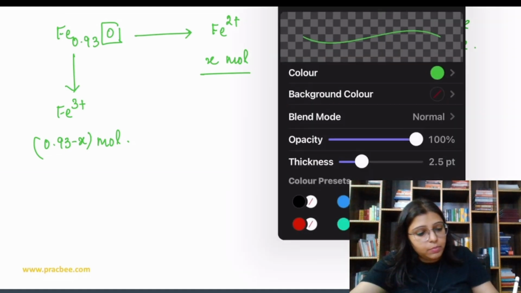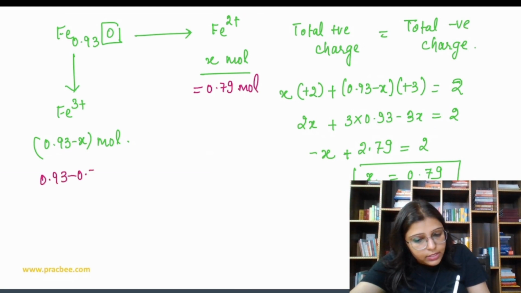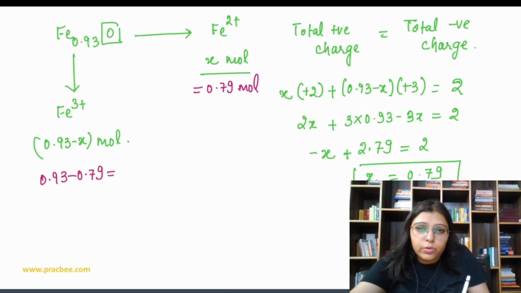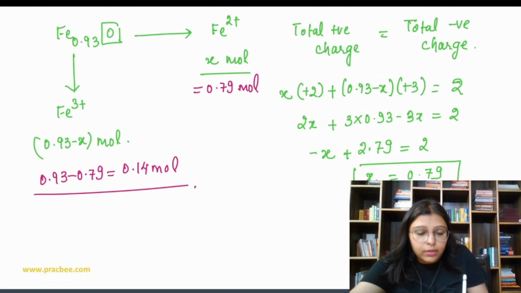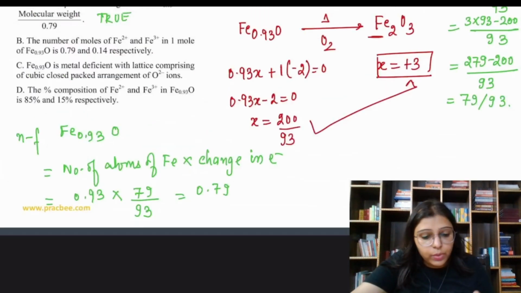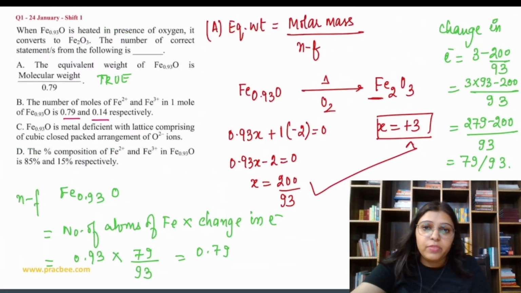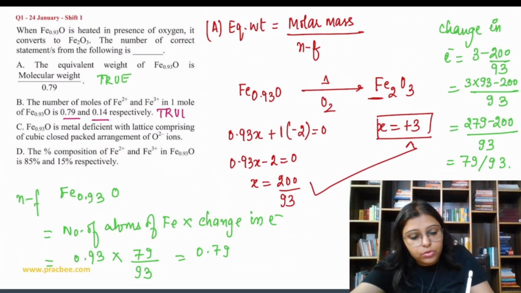So it means number of moles of Fe2+ is equal to 0.79, and moles of Fe3+ is going to be 0.93 minus 0.79, which is equal to 0.14 mole. Clear? 0.14 mole. So in the statement this is given, we have 0.79 of Fe2+ and 0.14 of Fe3+ respectively. So it means this statement is also true.